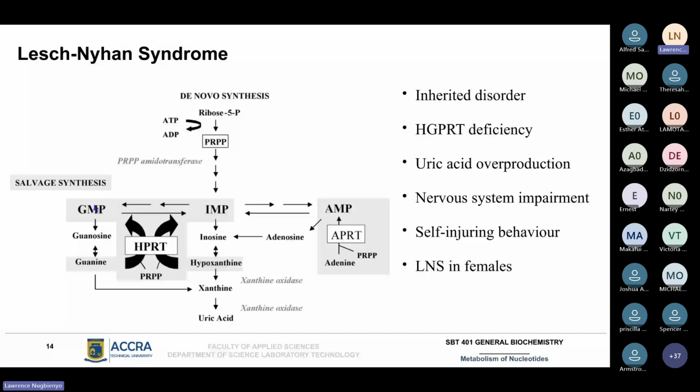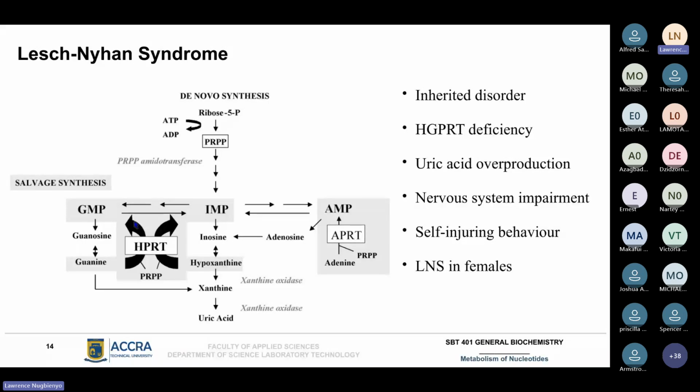The deficiency of it means that, with the breakdown of guanosine monophosphate, which eventually results in also the formation of guanine, the HPRT is involved in the recycling of guanine to give us back the guanosine monophosphate.